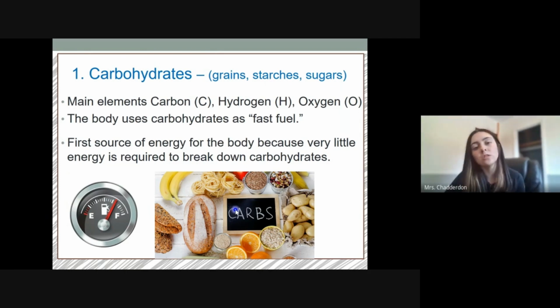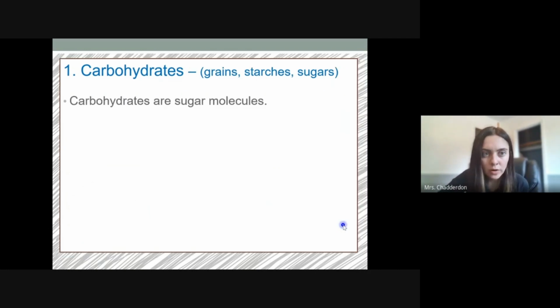It's a first source of energy for the body because very little energy is required to break down carbohydrates. So that's why some of your athletes are going to try to stock up on their carbohydrates, have a spaghetti dinner before their big game or meet.